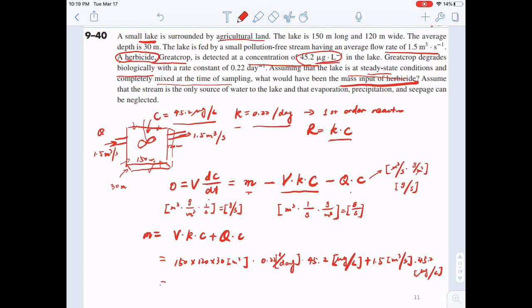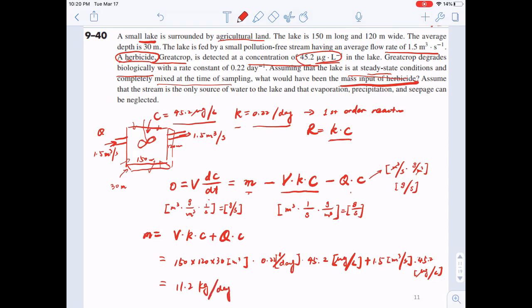Okay, so I won't convert all of these parameters or all of these units here, but what it turns out is that the answer is the same as the value that's given in this problem, which is equal to 11.2 kilogram per day.